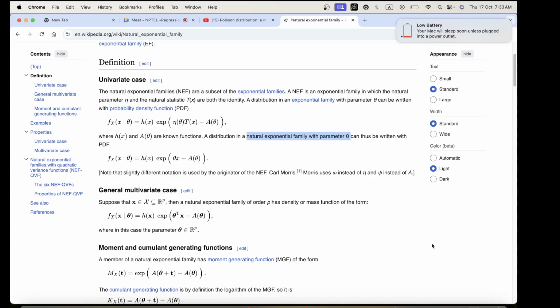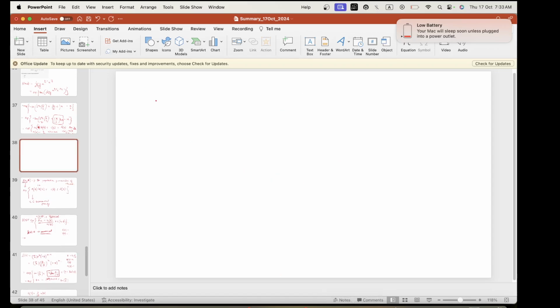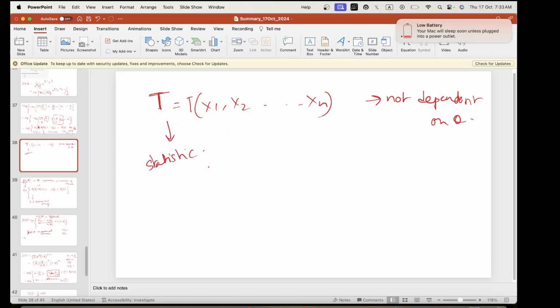The concept behind sufficient statistic is this: let us define a statistic called t. This is a function of only the observations and is not dependent on theta. If you can find something like this, then it is usually called a statistic.